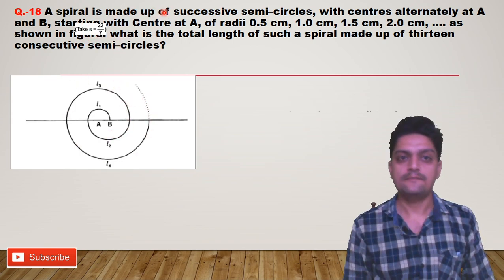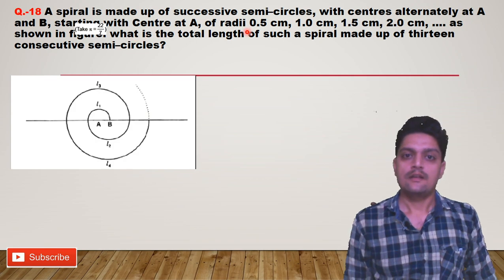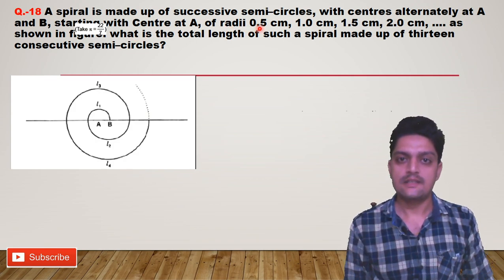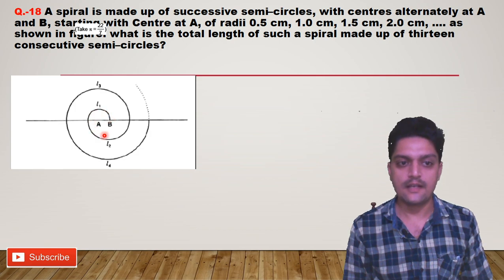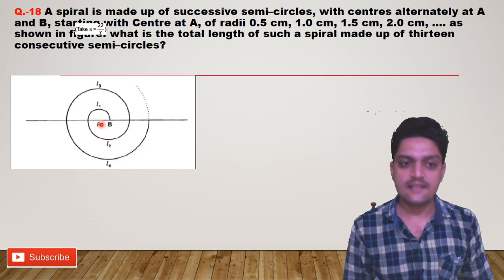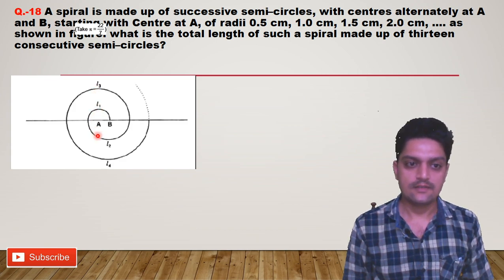Now here the radii are given as 0.5, 1.0, the plural form of radius. The first radius is 0.5, then the next radius, if you come towards this semicircle, focus on my cursor, is 1.0. If you go ahead, this radius is 1.5.